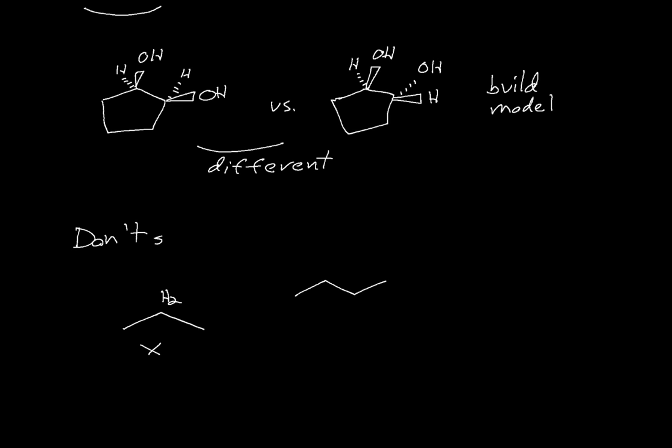I've seen this. Again, what's this space here? What this implies is a CH2 group right there in that position. Don't do that. I have seen this. Don't want to do that.